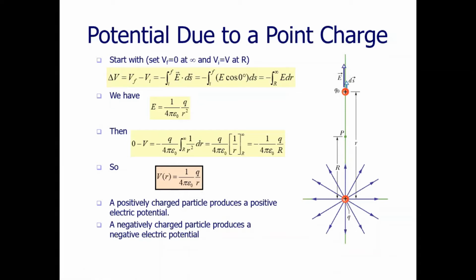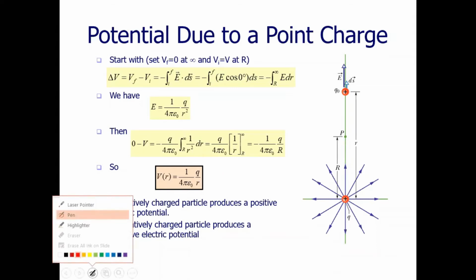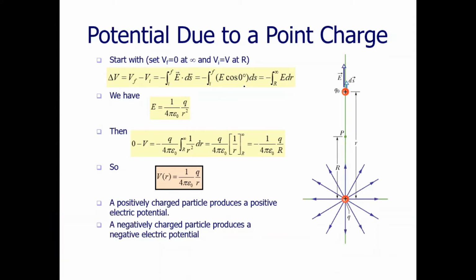At first we computed the Coulomb force. We said that the Coulomb force between two charges was just K Q1 Q2 over R squared. That was the Coulomb force between two point charges, Q1 and Q2.